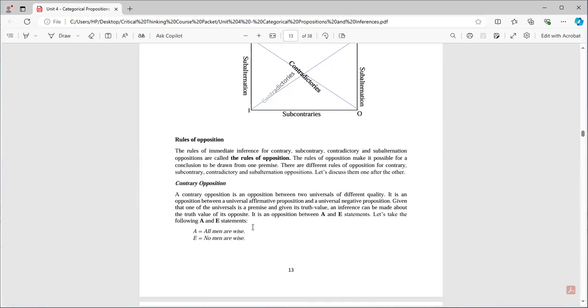You can decide which one you want to use as your premise. So let's assume that the A statement is our premise. All men are wise. Let's assume that it is true. If it is true, our conclusion, no men are wise, will it also be true?